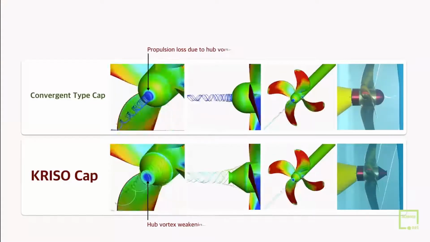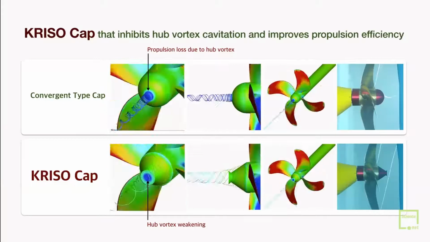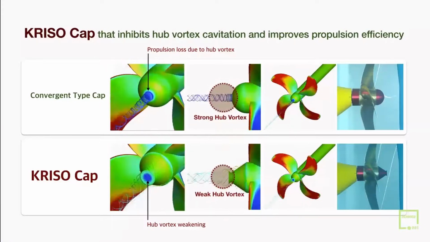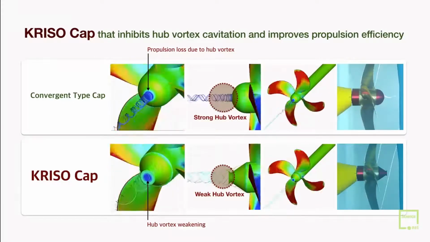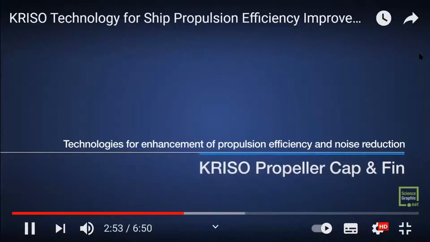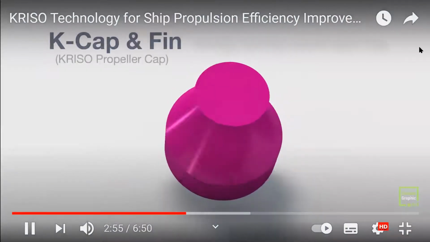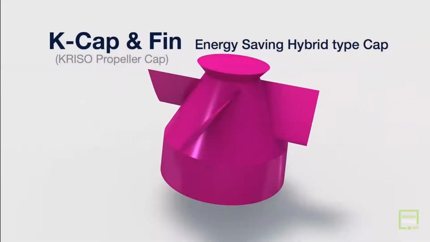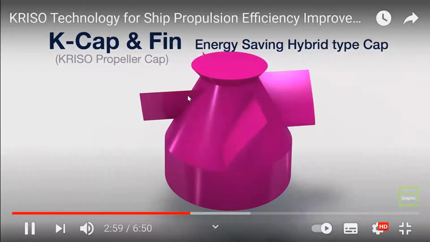It can improve the propulsion efficiency while efficiently inhibiting formation of hub vortex cavitation. K-cap and fin is a combination of K-cap and a simple shaped plate.